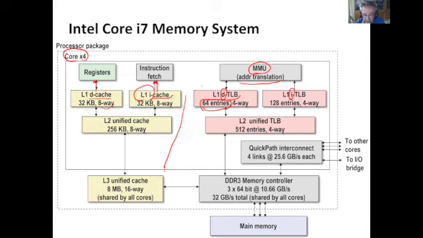What about the instruction TLB? It can store up to 128 entries from the page table. These are L1 TLBs. Then there's this L2 TLB, which is unified. It mixes up the data and instruction entries, and it can contain up to this many, and so on.